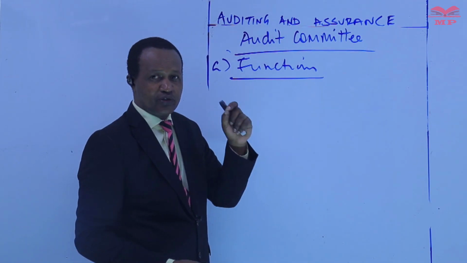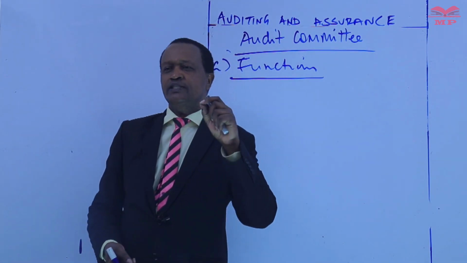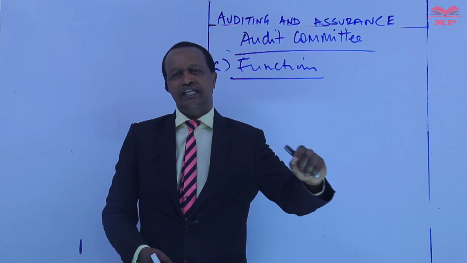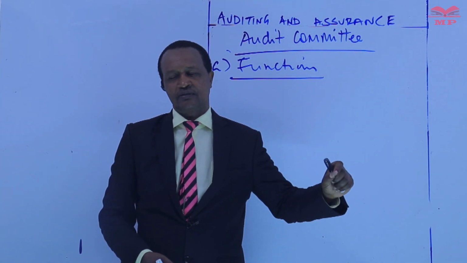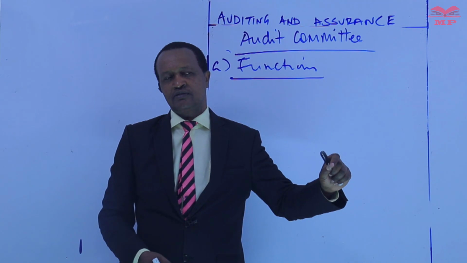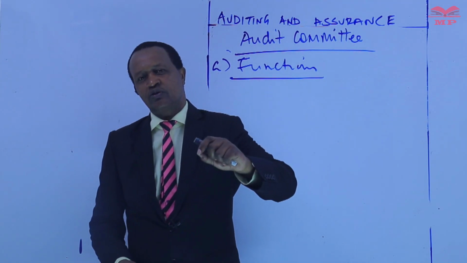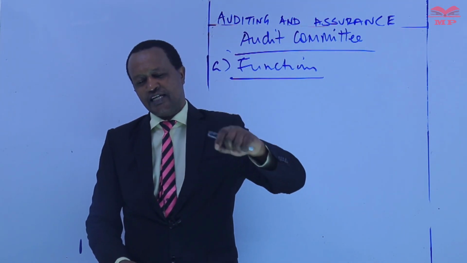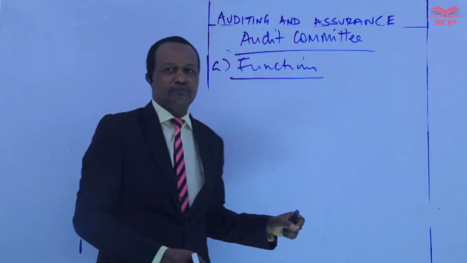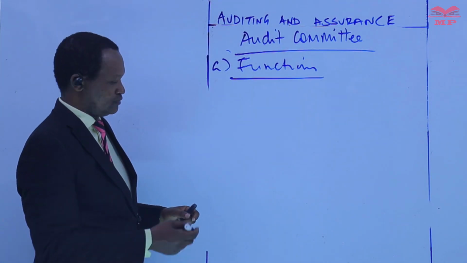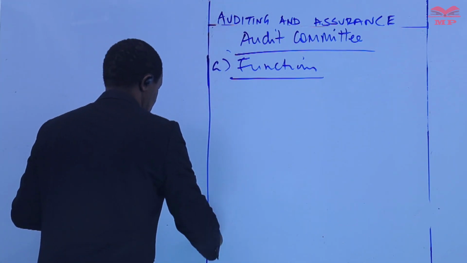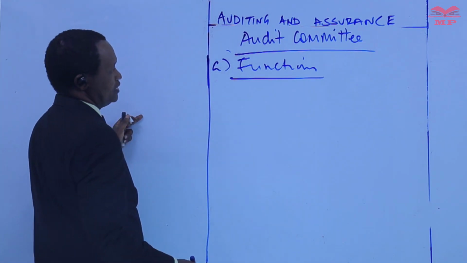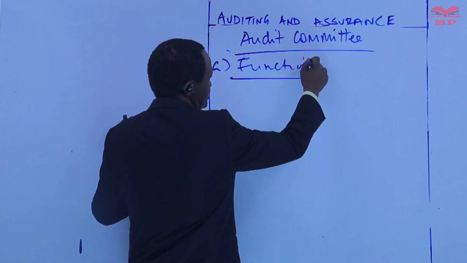And the main role of the audit committee is to oversee the financial reporting process and the effectiveness of the internal and external audit functions. Please get that clearly.